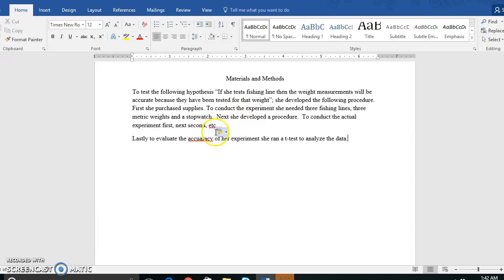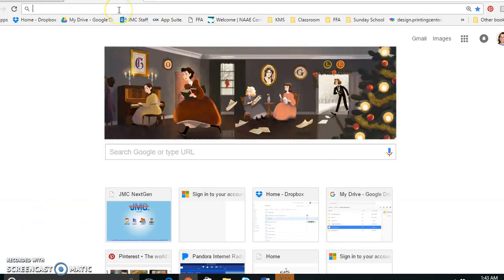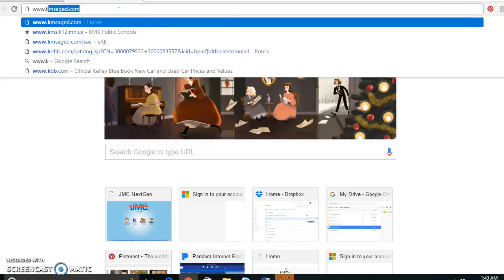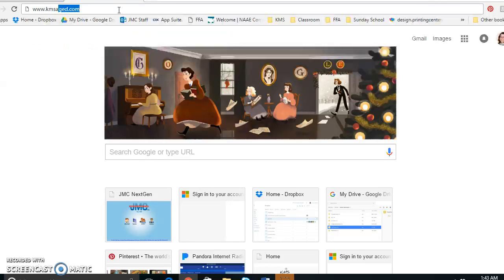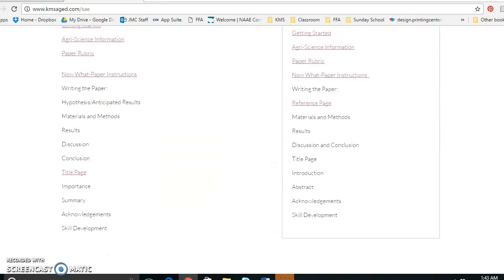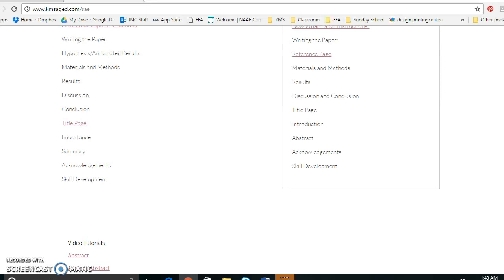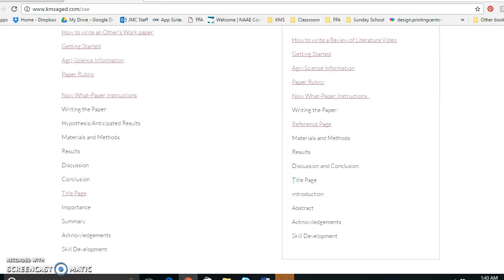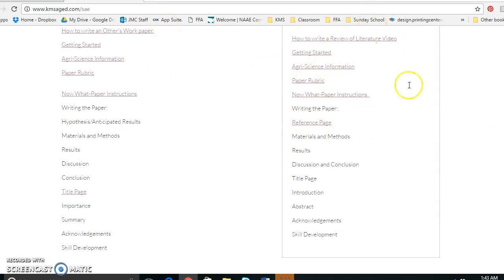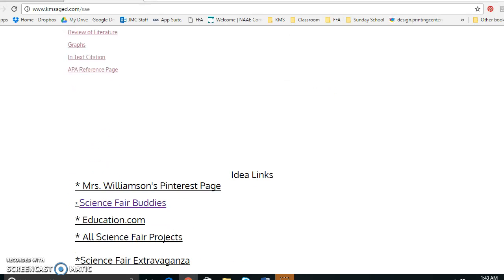So all of you are required to do some sort of an accuracy or precision measurement, which to do that, if you go to the website, under SAE, there will be a statistical analysis link that tells you how to do the statistical analysis portion. It's not on there yet, but there will be.